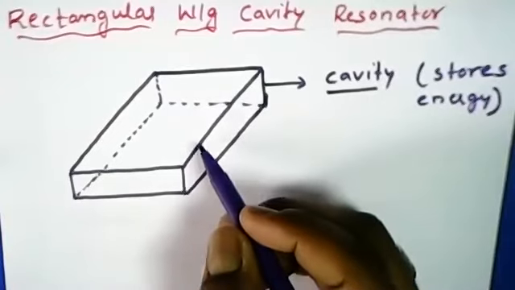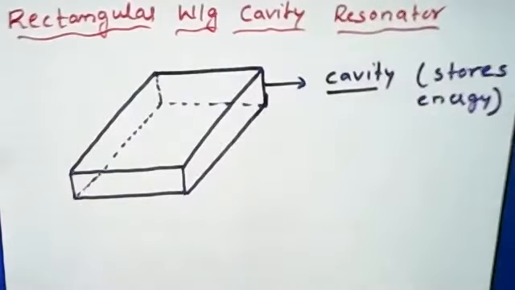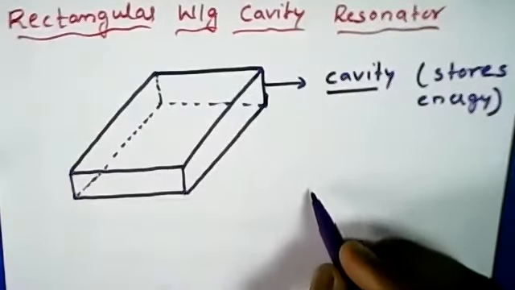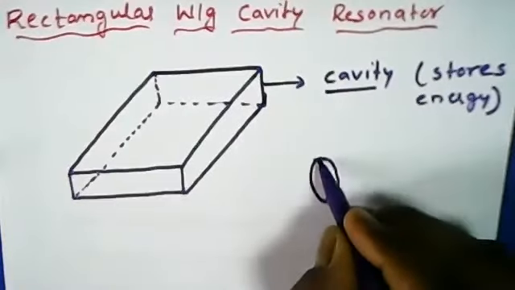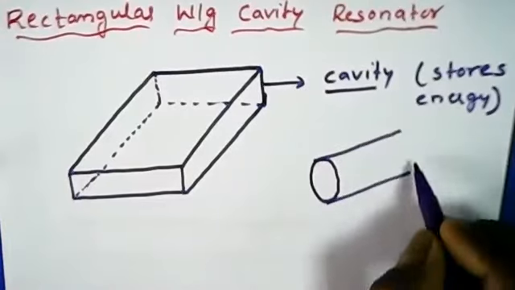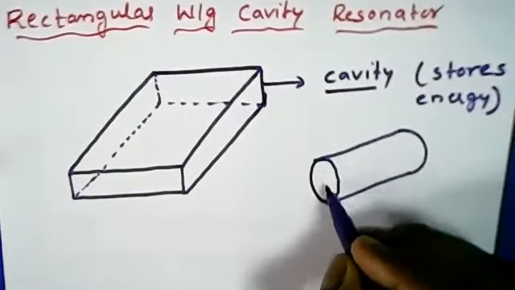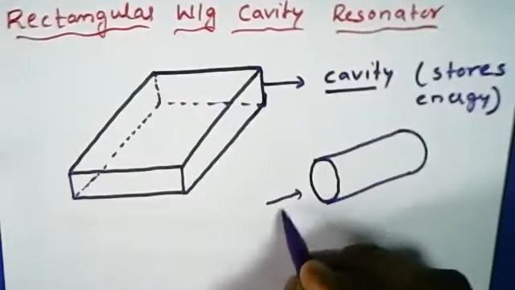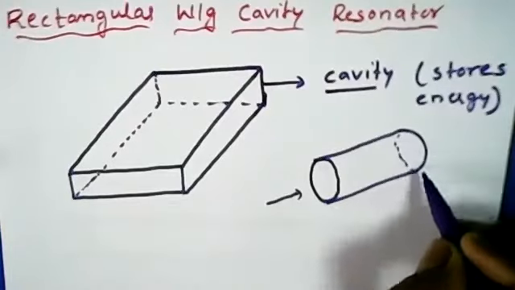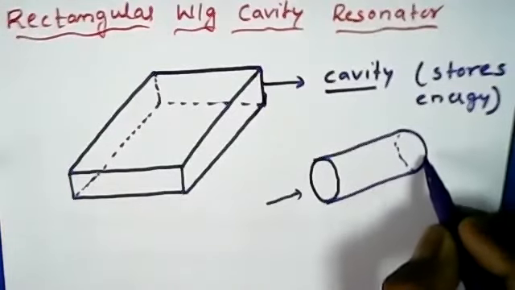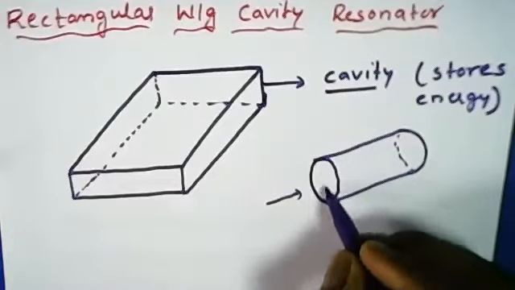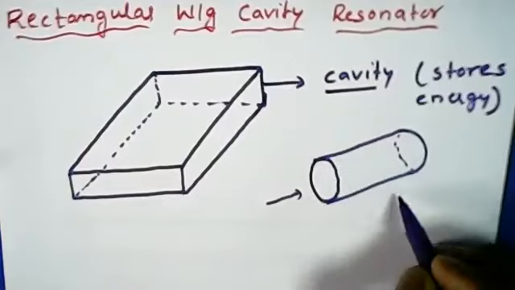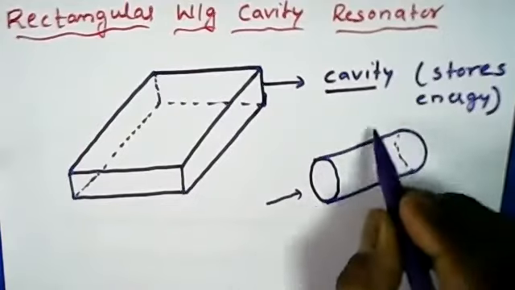And now with this cavity structure, if it is circular in nature, suppose we take a circular waveguide, then if the signal is made to propagate, and it is closed at this particular end, and once it comes back, even this end is closed, then we can say that it is also acting as a cavity.